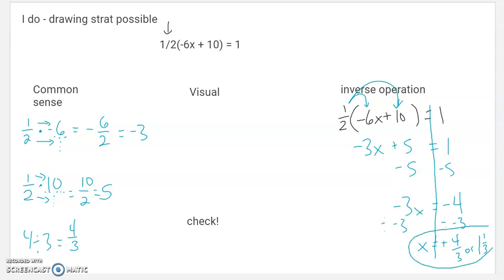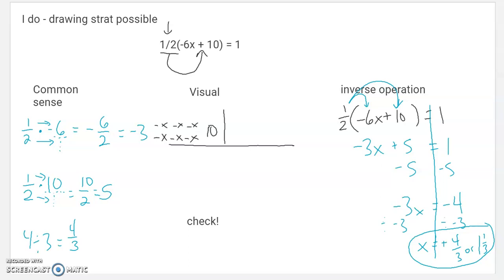Okay, not that bad. Let me show you the drawing strategy. You may hate this and never want to do it again, but I'm going to show you something to do. So remember how this works, right? You take this and you draw this many of what's in the parentheses. So what I can think of doing is I can draw what's in the parentheses: 1, 2, 3, 4, 5, 6 of those, and a 10.